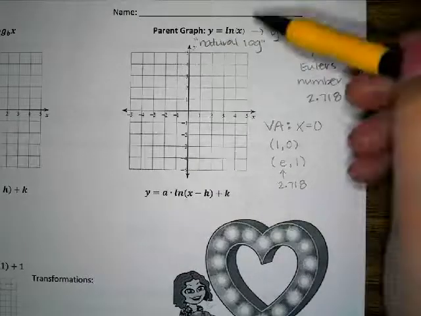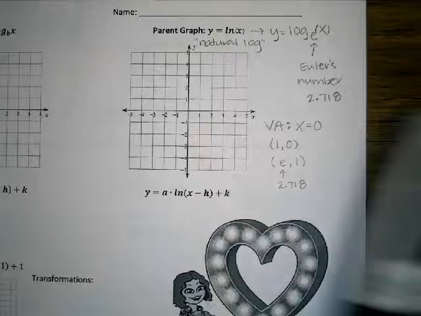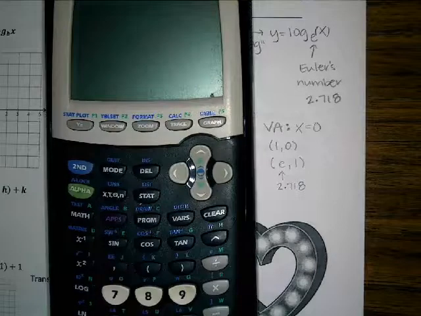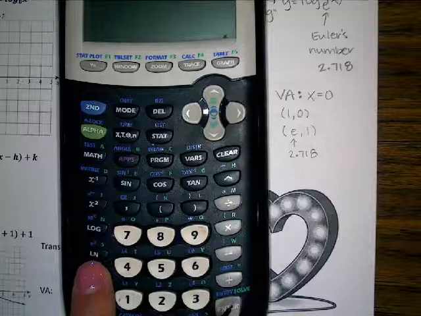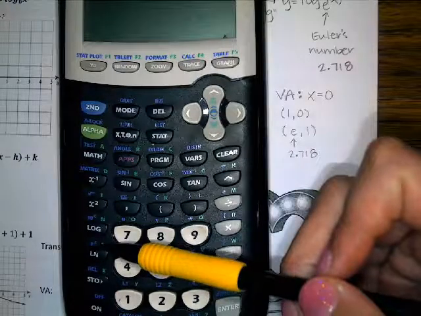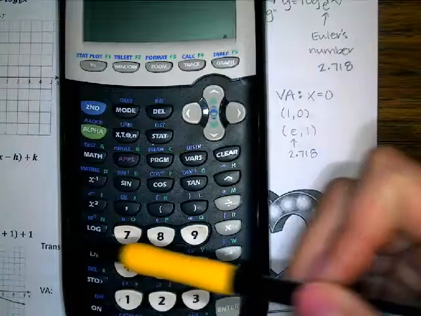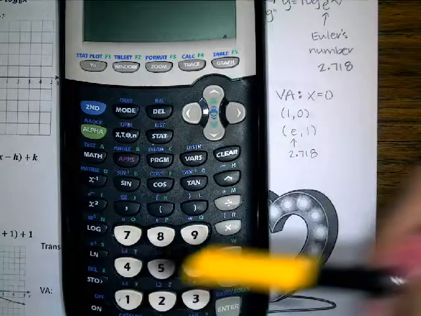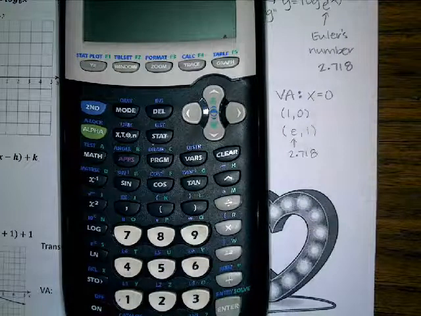But it's called the natural log. And it's actually a button on your calculator, right down here, right next to the 4. It's the ln button. The reason the e to the x button is the second function of the ln button is because they're inverses of each other. They're related.